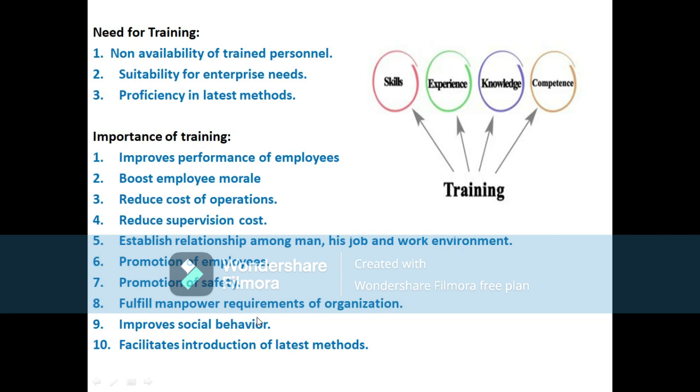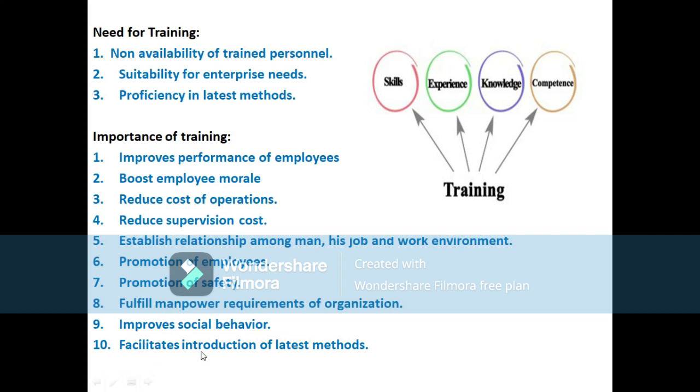We can say that training attempts to increase the quality of human relations in an organization. Those people interact with fellow workers and supervisors, and work with them effectively. They also maintain cordial relationships in the group, which may further contribute to higher production in the organization.